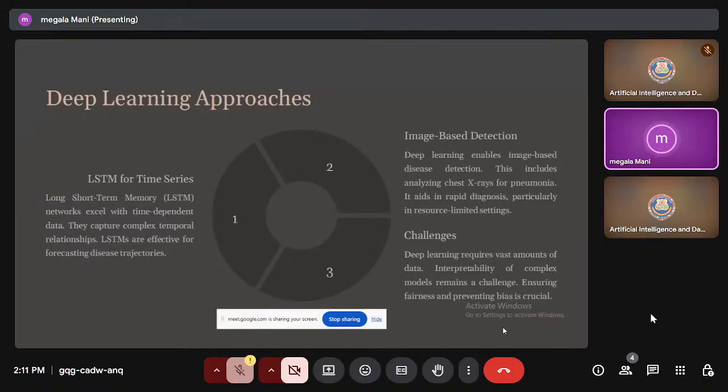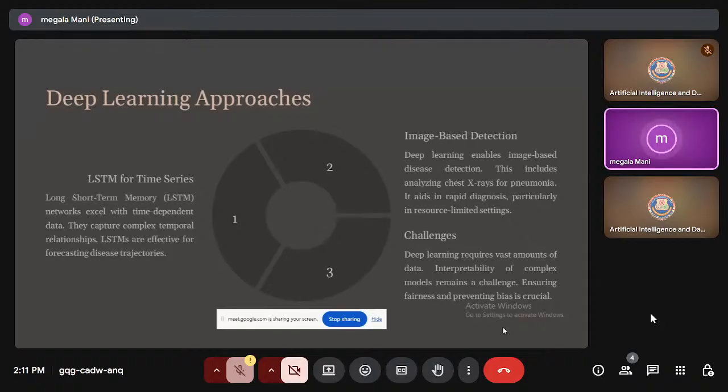And some deep learning approaches. Long short-term memory networks can be used with time-dependent data, focusing on forecasting disease trajectories. And image-based detection, based on scans, looks at how the disease affects the patient and how they recover. This can be used for X-rays or other images.